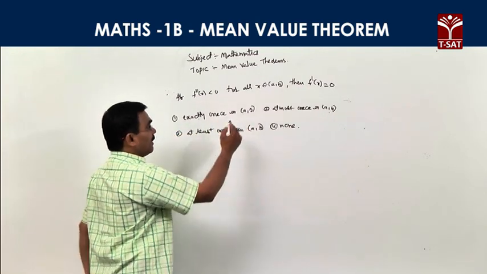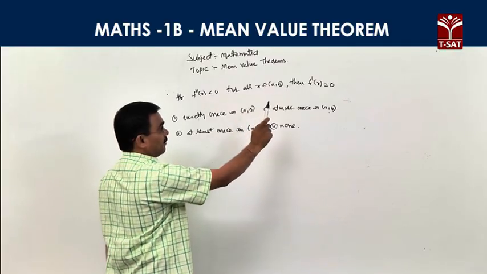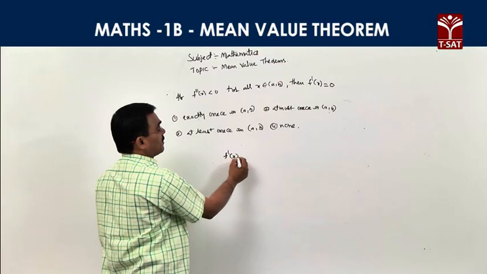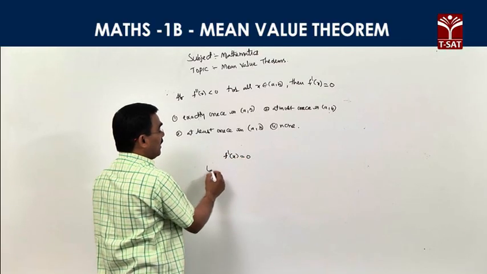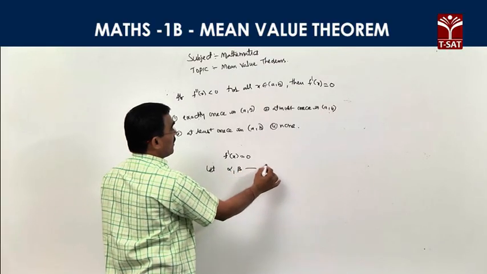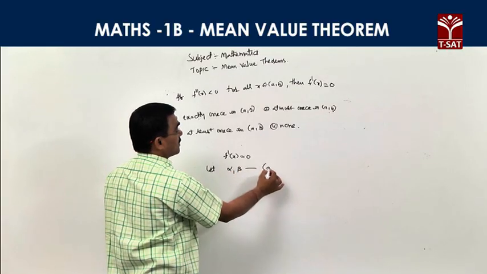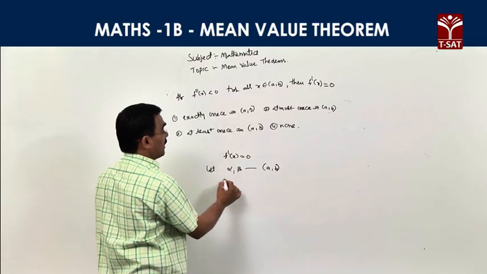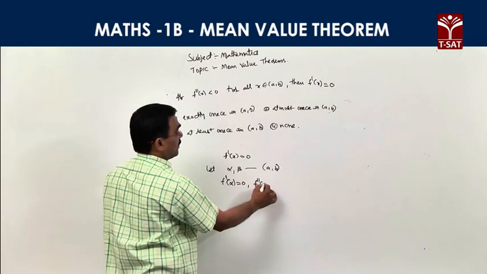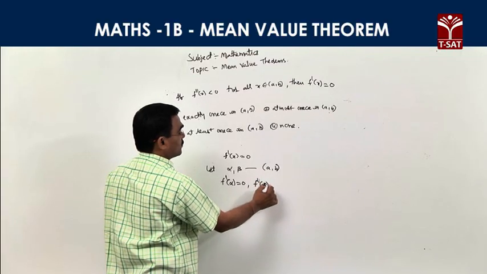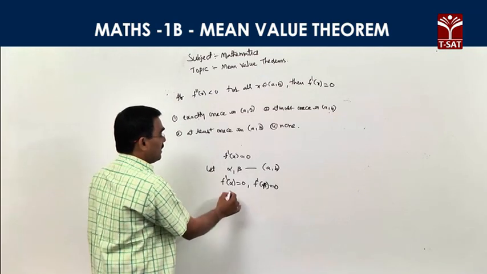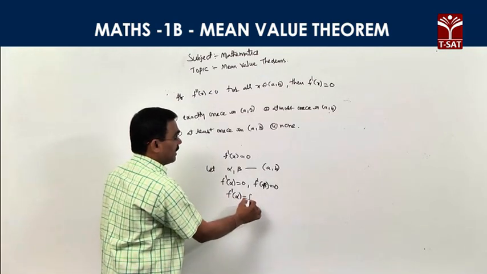So now the problem depends upon the first derivative and second derivative. Suppose we consider the equation f dash x equal to 0, and let alpha and beta be two roots of the equation in the interval (a, b). That means f dash alpha is equal to 0 and f dash beta is also equal to 0, so f dash alpha equals f dash beta.